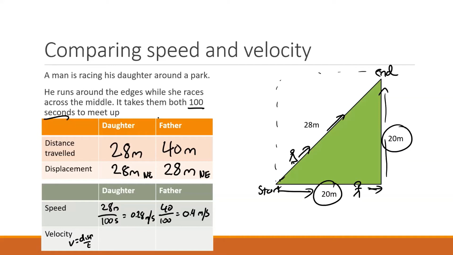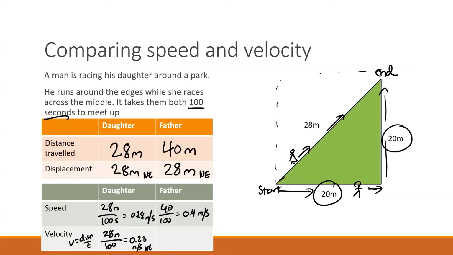So the displacement of the daughter is 28 meters in 100 seconds, so the velocity is 0.28 meters per second northeast.